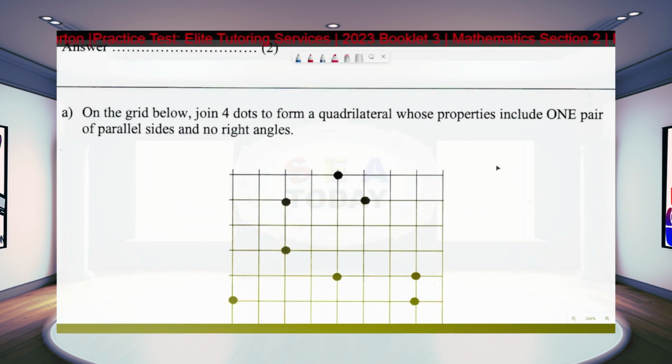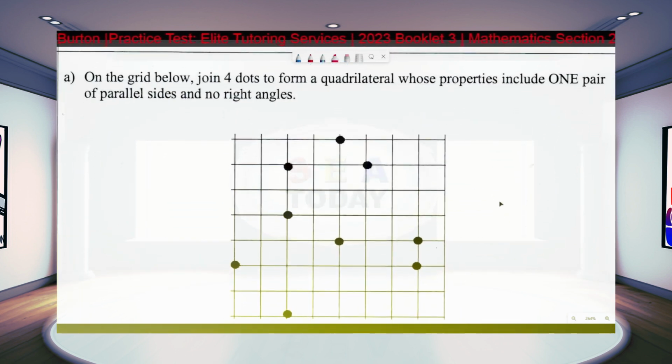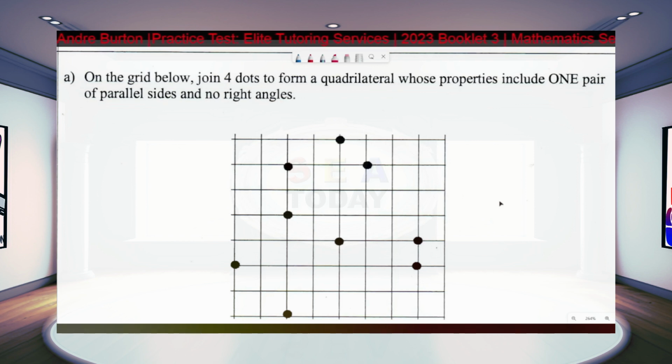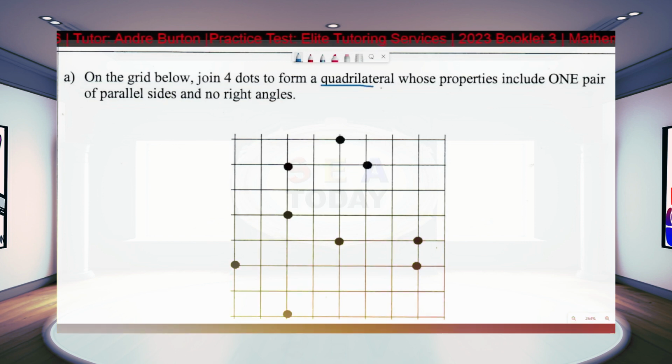On the grid below, join 4 dots to form a quadrilateral whose properties include 1 pair of parallel sides and no right angles. So this is an interesting question. But when we think of quadrilaterals, we have like 5 or 6 different options, depending on who you ask, at least for this level.